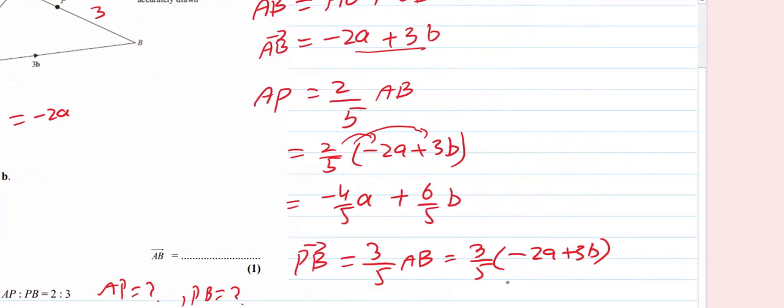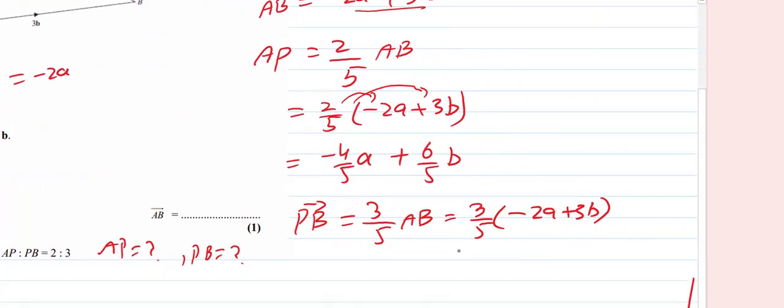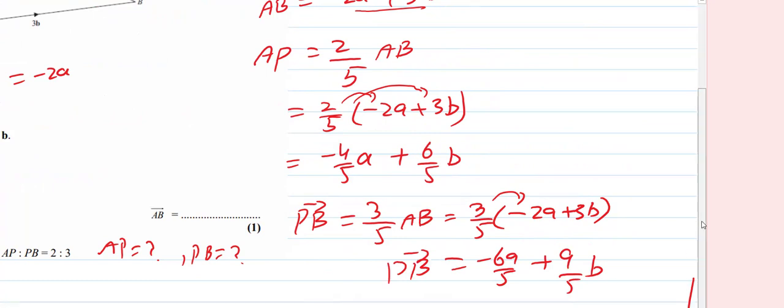So I will have minus 6A over 5 because this multiplies with that, and plus 3 3s are 9 over 5B. So this is the PB vector that I found.